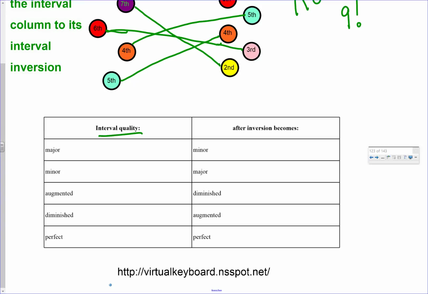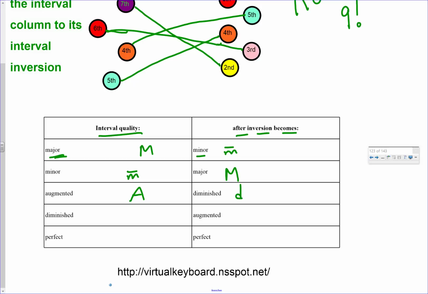If the interval quality is major, after inversion it will become minor. If the interval is minor, after inversion it will become major. If the interval is augmented, after inversion it will become diminished.